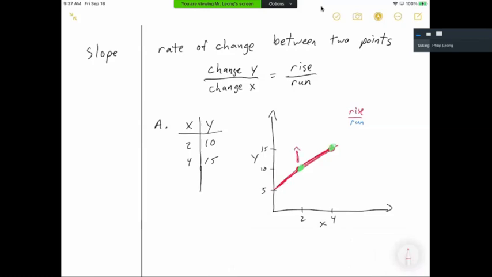How much are we going up? This is going to be 5. From 10 to 15. If this seems familiar, yeah, we did this yesterday. And then how much are we running? We are running 2.